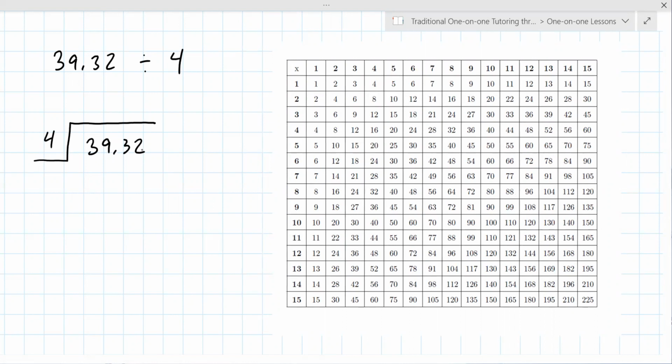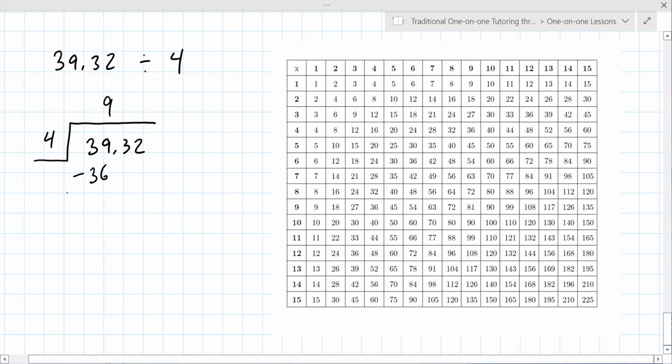Put it on top. 4 times 9 is 36. We subtract that, and then we bring down the 39. 39 minus 36.